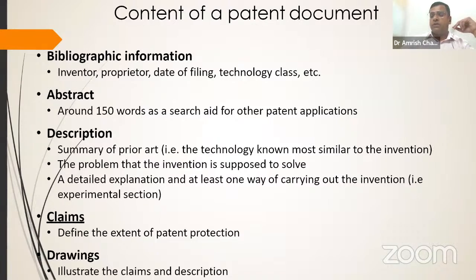Okay. Now, if you just write a mouth dissolving tablet, and that is what you want to claim, this is going to be a very, very broad claim. And if you get a grant on this particular claim, no one else in the entire world will be able to make a mouth dissolving tablet without your consent. Okay, or without paying you a royalty.